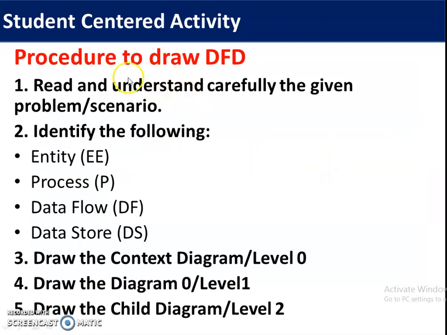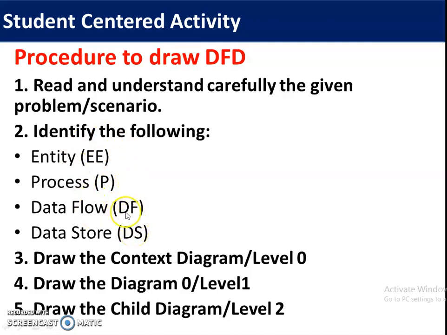So let me review first the procedures on how to draw the DFD. Don't forget, with a given scenario, you must first read and understand it carefully. Only then can you properly identify the external entity, the process, the data flow, and the data stores.